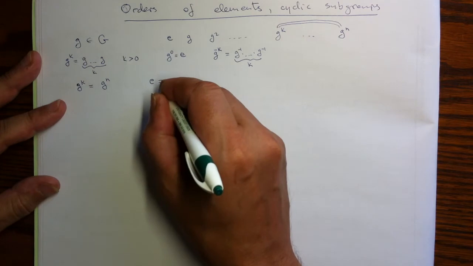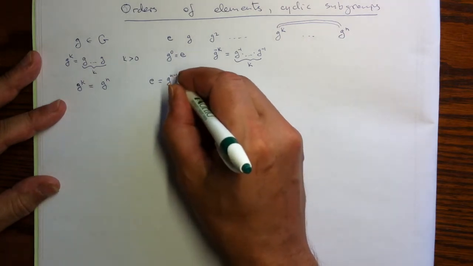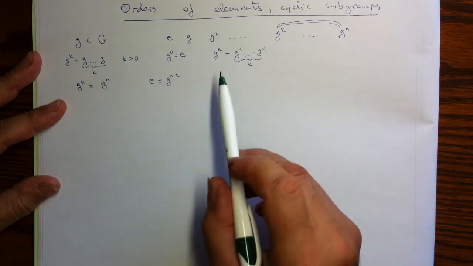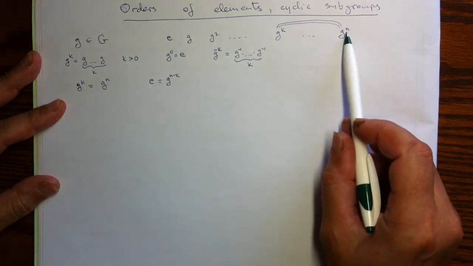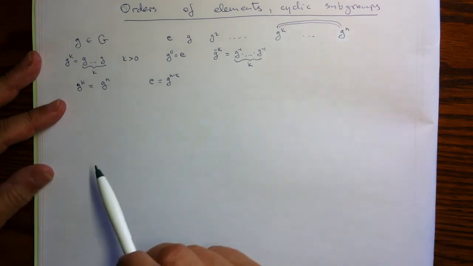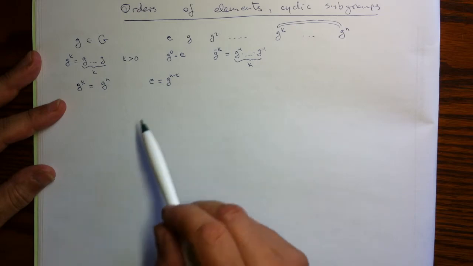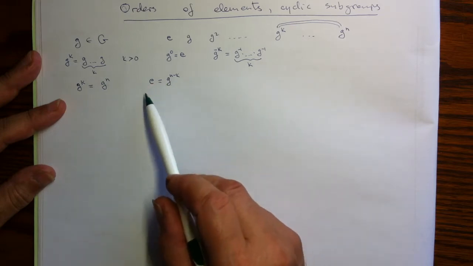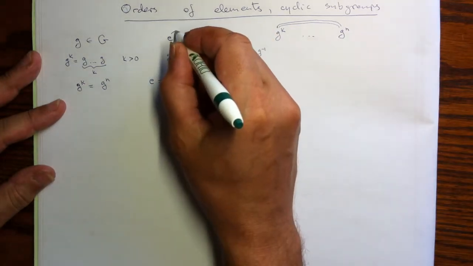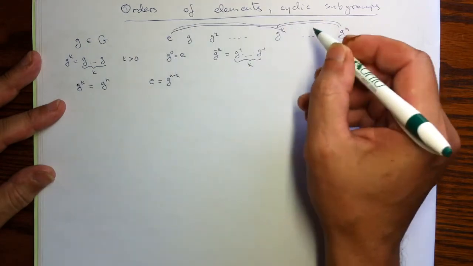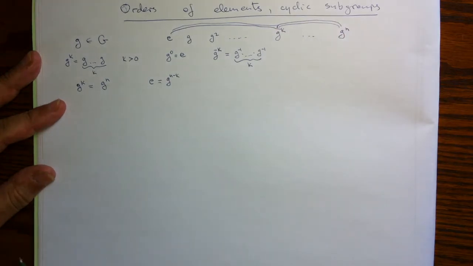We'll get the identity on the left, and then we'll have the smaller power n minus k on the right. We just cancel out g to the k. In groups we have cancellation. So that is a contradiction if we assume that this is the first time when a repetition occurs. It must be happening before, namely at this step, and it must be repeating with the identity. So the repetition really goes all the way down to the identity, not to some intermediate step in the group.